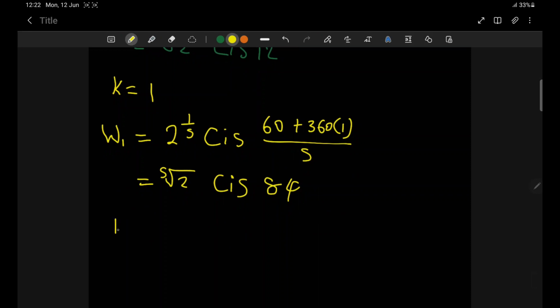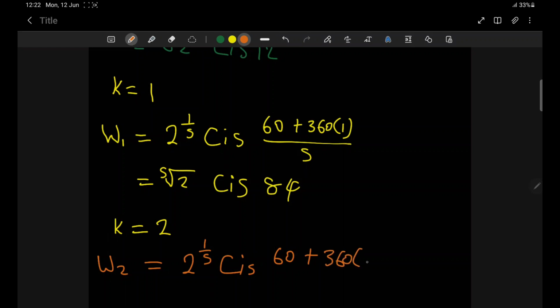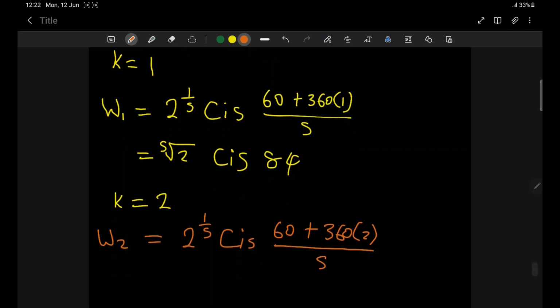Going further, k is equal to 2. So we change the narrative again. We have w of 2 is equal to 2 raised to 1 over 5, and cis of 60 plus 360 multiplied by 2 over 5.